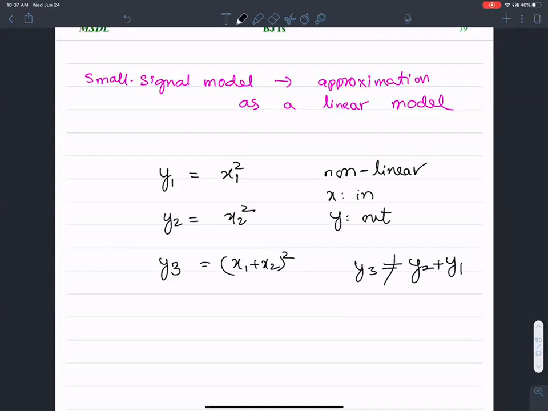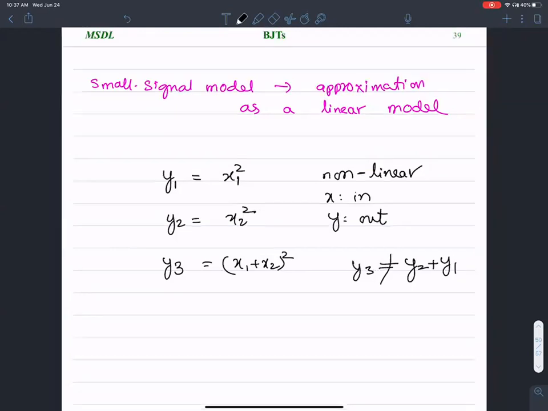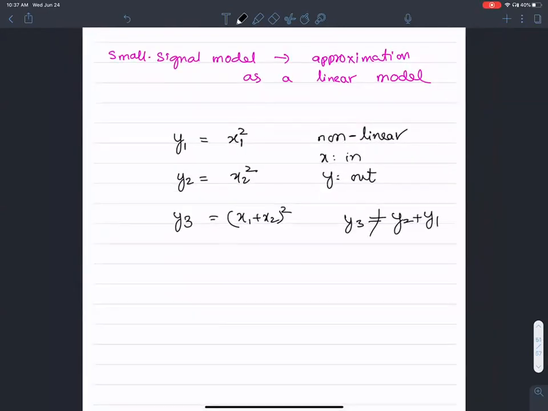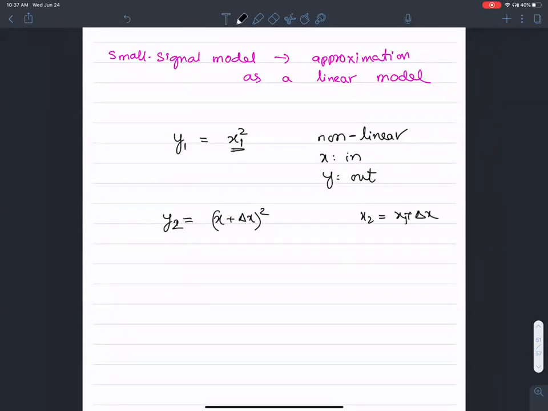Non-linear means that when the input changes, the output does not change by the same amount using superposition. Okay, so here is the idea for y equals x squared. If you know y1, and I change this x to be x plus delta x, a small value, then x2 is x plus delta x and x1 is this one.